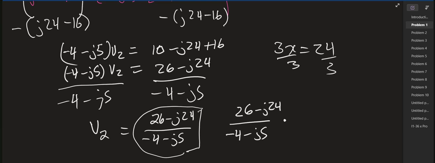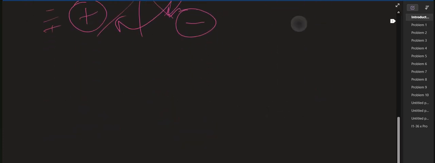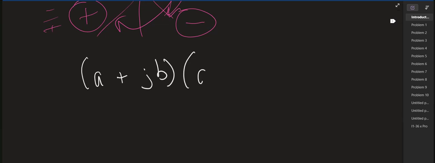So to get rid of the imaginary number in the denominator, you multiply by the conjugate, which would be minus 4 plus j5 over minus 4 plus j5. Anytime you multiply a complex number by its conjugate, something nice happens. If I have a plus jb, the conjugate is a minus jb.